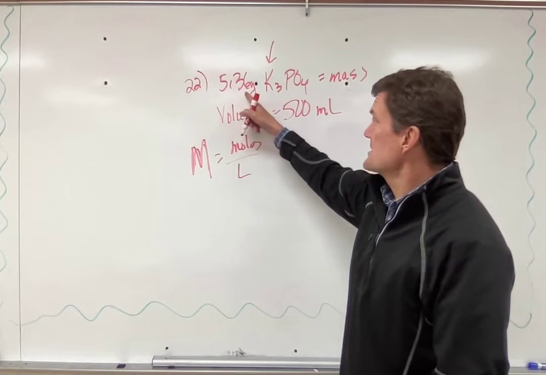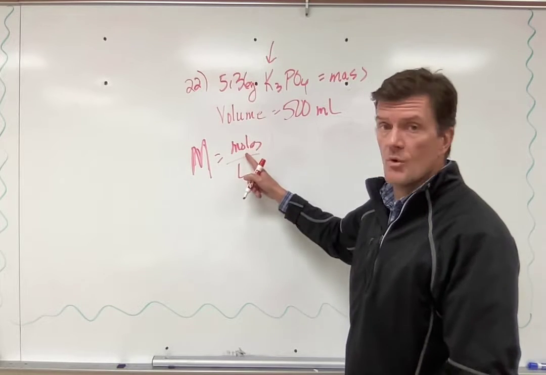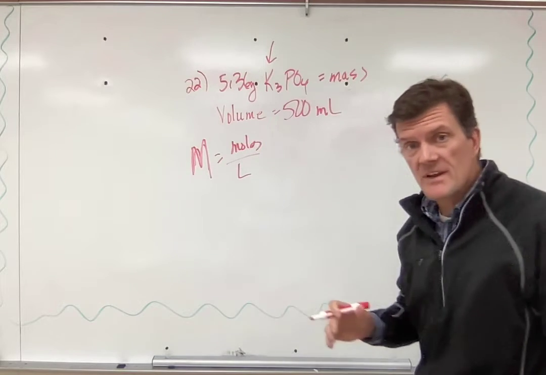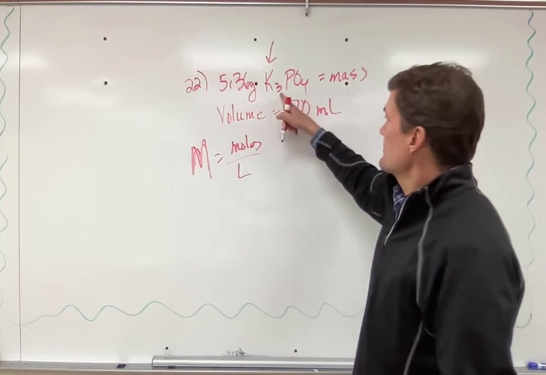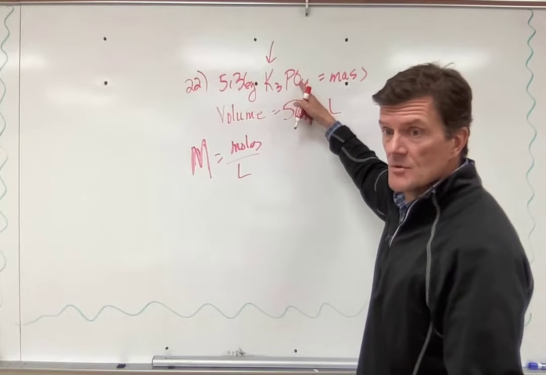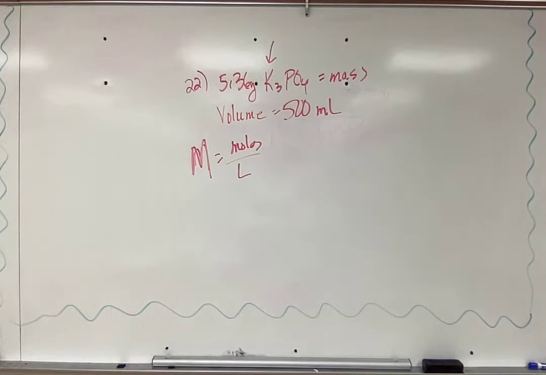This is 5.36 grams of potassium phosphate. I need to change that to moles. How do we do that? We use the molar mass from the periodic table. So you're going to find K, P, and O on the periodic table. All right, when you do, you need the masses. All right, here you go.